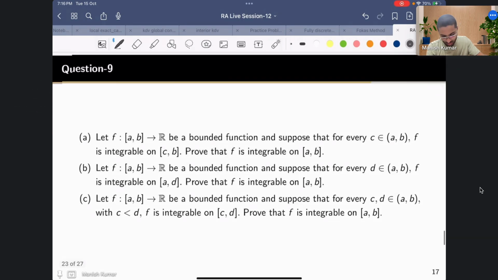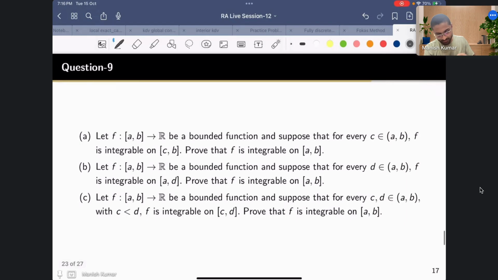Okay, so now let's come to this problem. Suppose you have a function f defined from a comma b to R, which is a bounded function, and the condition given to you is that if you choose any point c from the open interval a b, then f is integrable on c comma b.